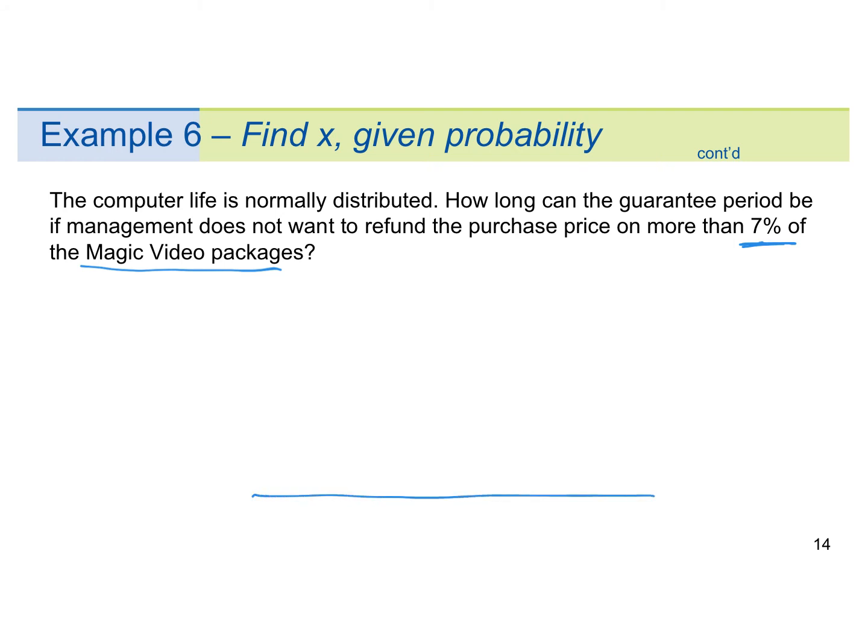So notice this one does not give us our z-score or a raw value. It gives us 7%. Well, if you think about it, the 7% needs to be here, because if you own that company, if 7%, which is this little small percentage, goes back, you'll stay in business.